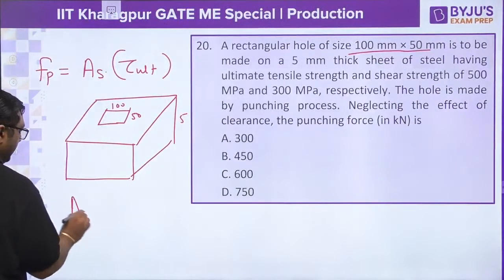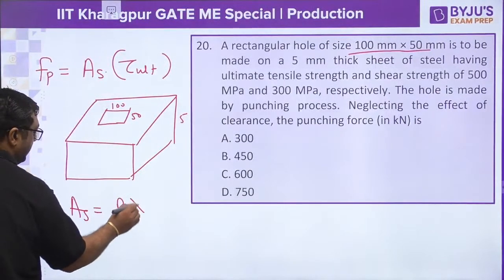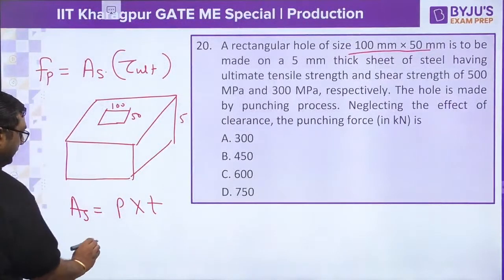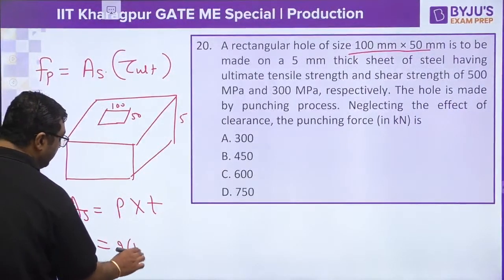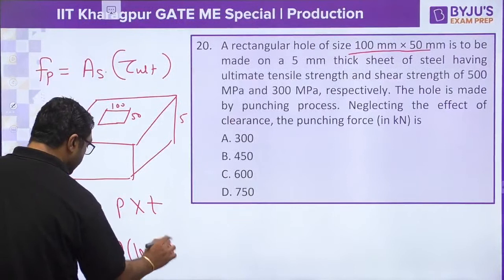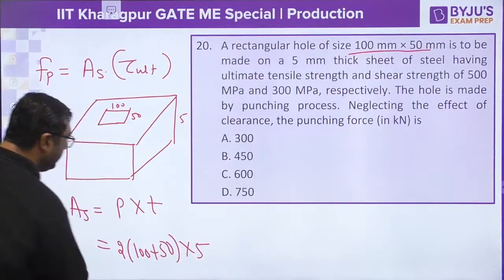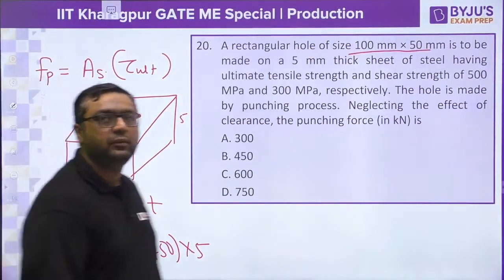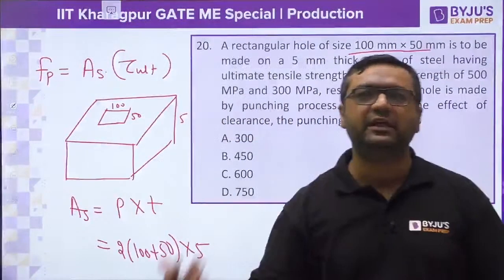So my dear, shear area for this case is going to be perimeter into thickness. Perimeter is nothing but 2 into (100 plus 50) into thickness 5. Now I feel you can answer it, because circular hole you have seen many number of times.